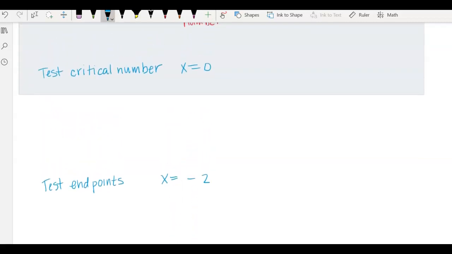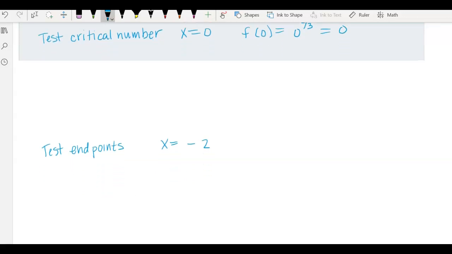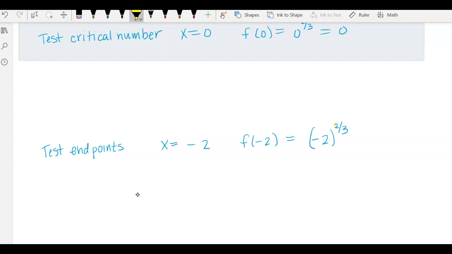All right, so plugging this in, f of 0 equals 0 to the 2/3 power, which is just 0. That one was easy. F of -2, -2 to the 2/3 power. What I'm going to do is square this first. That'll give me a 4, and then I'll take the cube root of that. So this is going to be the cube root of 4.